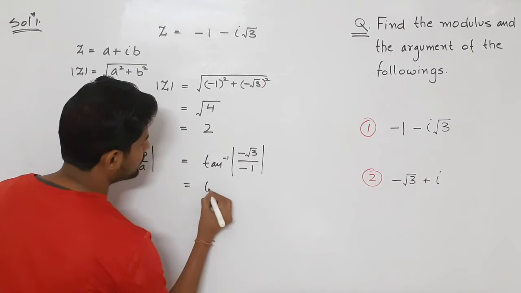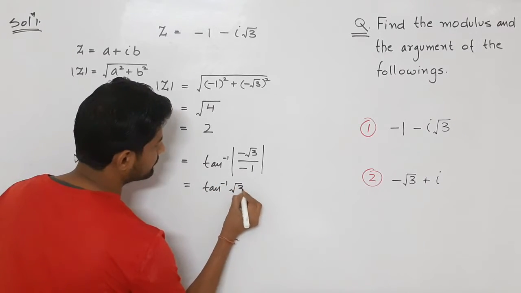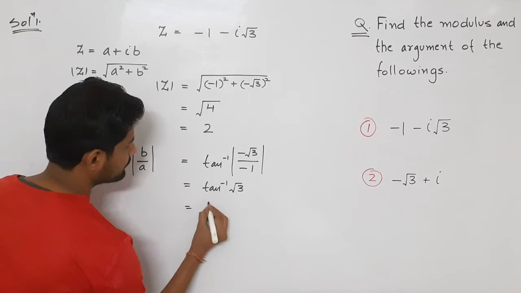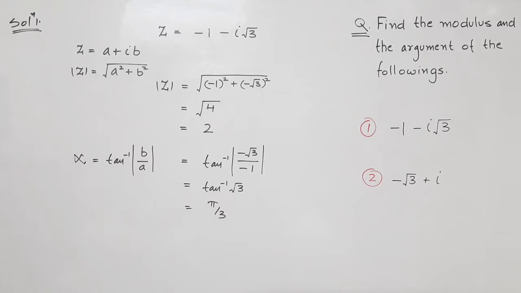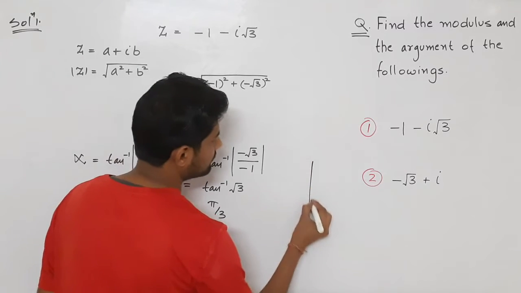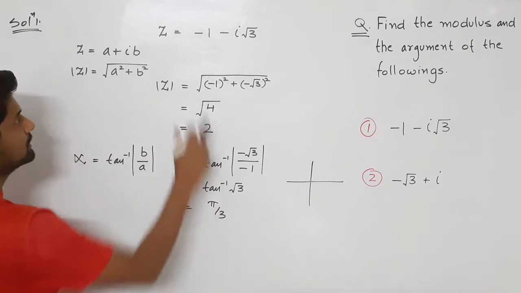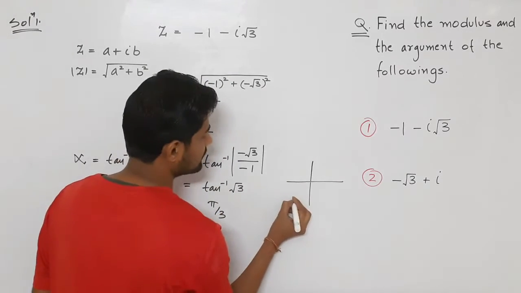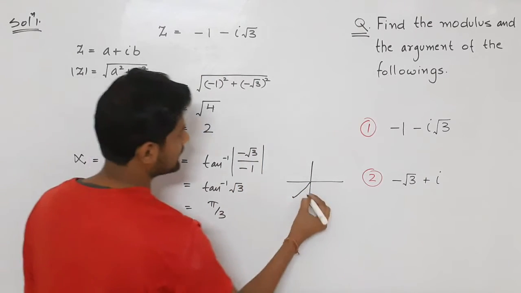And this is equals to tan inverse under root 3, and this is equals to pi by 3, right? Now second thing is we will see in which quadrant this particular complex number lies. So this lies in third quadrant. a is negative and b is negative, both are negative, so this lies in third quadrant.